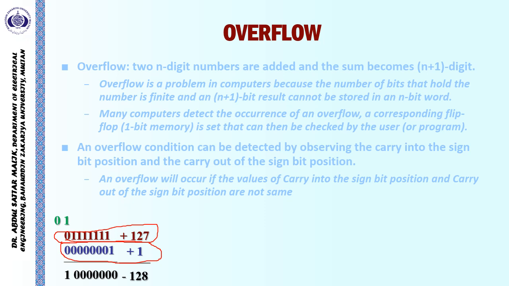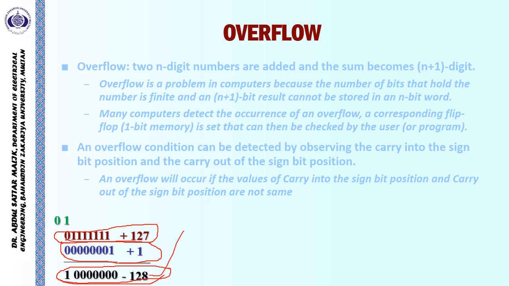Now we know that since the range of an 8-bit number is from -128 to +127, it means +128 cannot be accommodated in an 8-bit word. So we can see over here, when we add these two numbers, the result that comes out is actually -128, which is not correct.